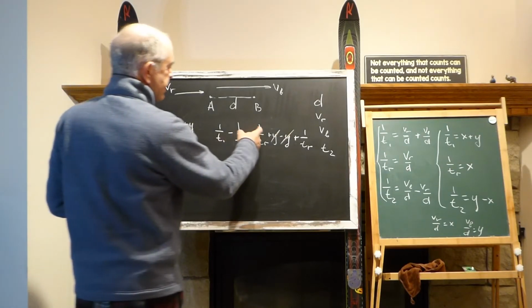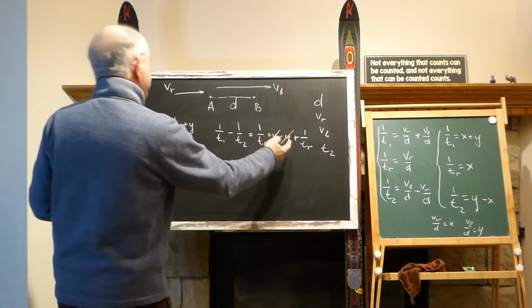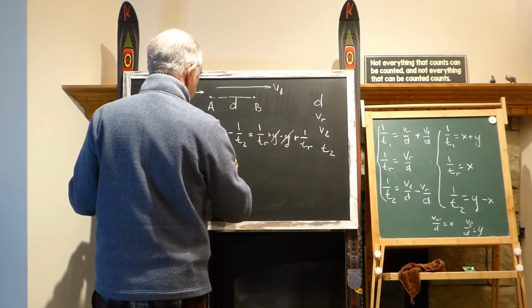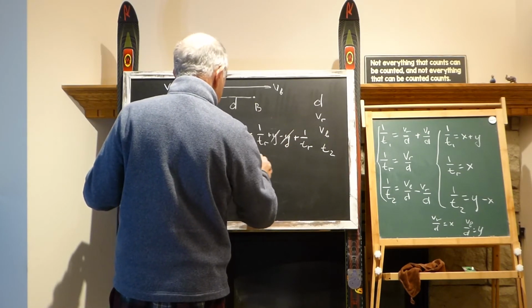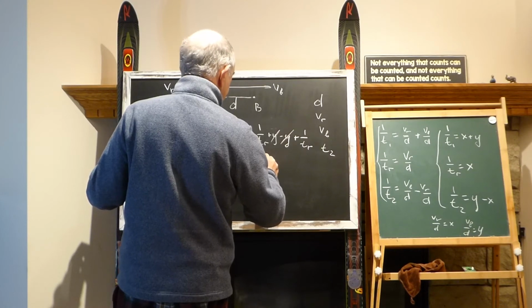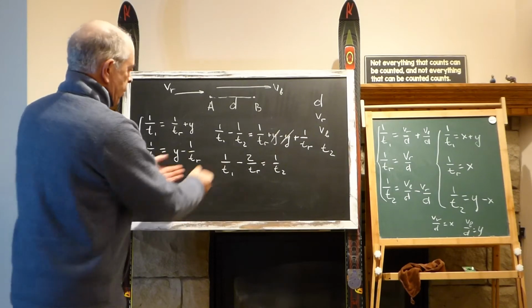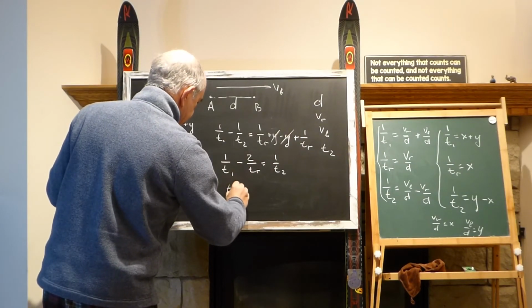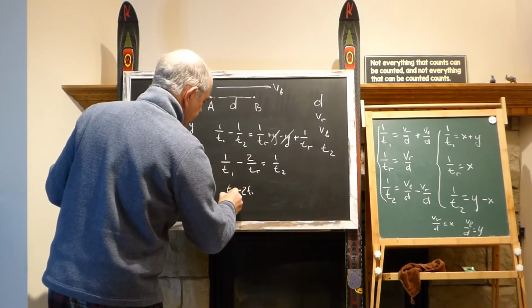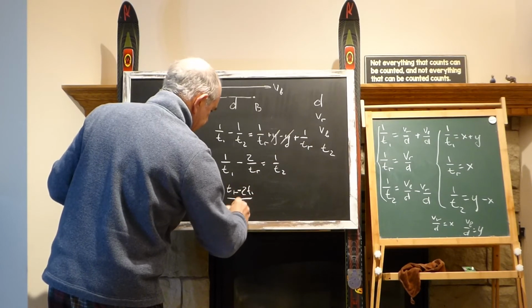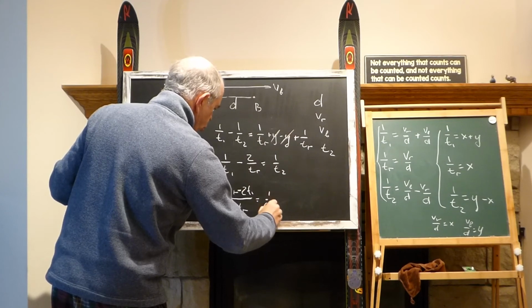So 1 over T_R and another 1 over T_R becomes 2 over T_R, and I move this to the other side. I put 1 over T1 minus 2 over T_R equals 1 over T2. Common denominator: T_R minus 2 T1, divided by T1 T_R, equals 1 over T2.